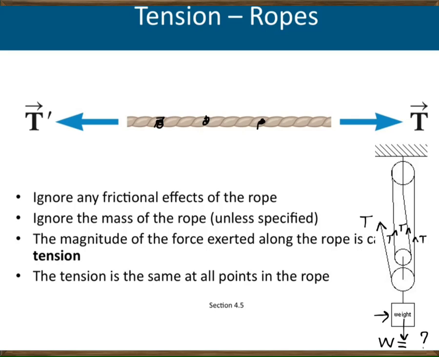So 4 tensions are up and the weight is down, so the weight must be equal to 4T. Or T on the rope is equal to the weight of the object divided by 4. So again, you will need this information when solving problems including ropes and tensions.